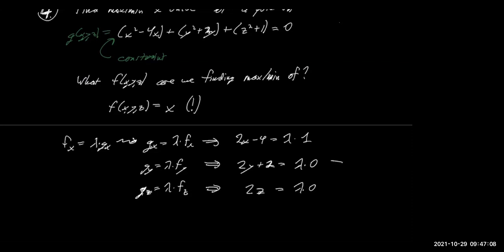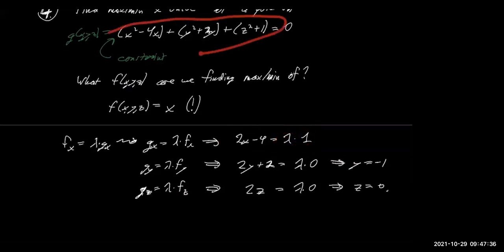And so immediately we get y is minus 1 and z is 0 from here, which is kind of nice. And to find x, we would just use the constraint. I guess this equation actually is not very helpful because lambda is just some kind of dummy variable, and it's not going to tell us much.